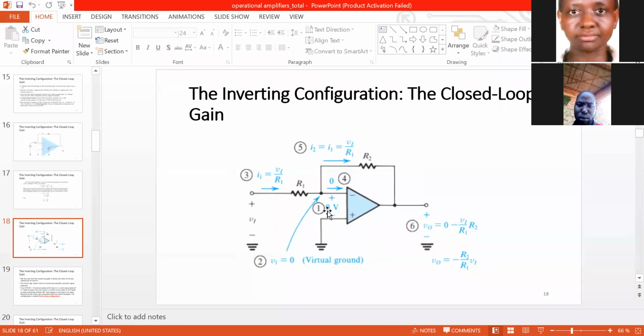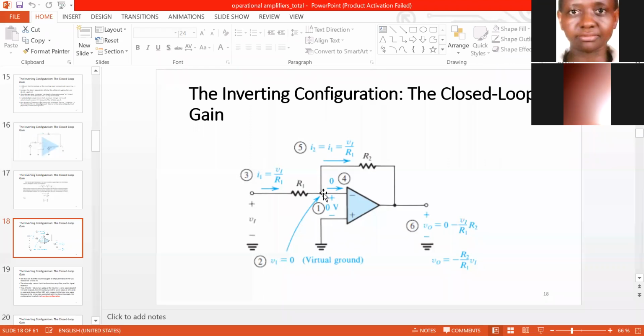Step 1 is for us to realize that the voltage at the non-inverting input terminal is 0, because it's connected to ground.